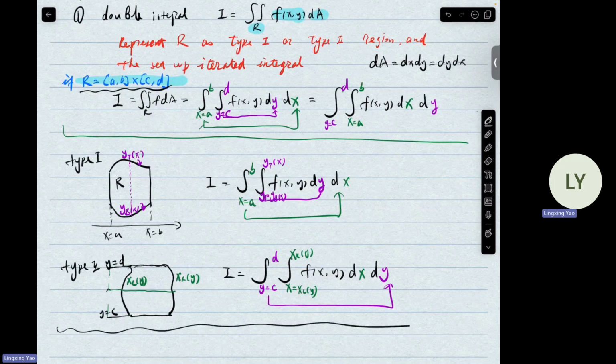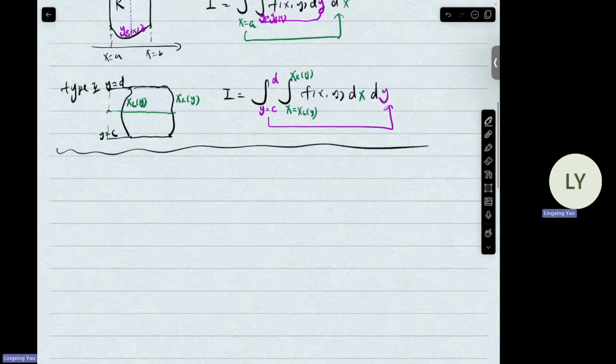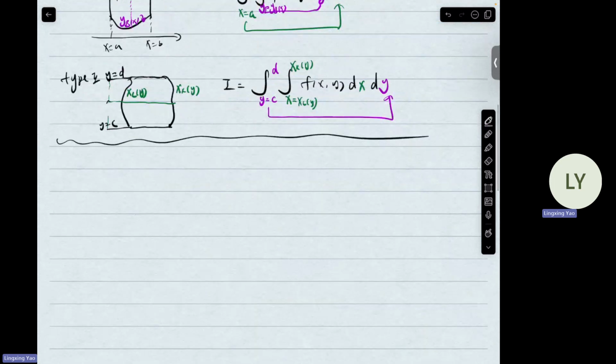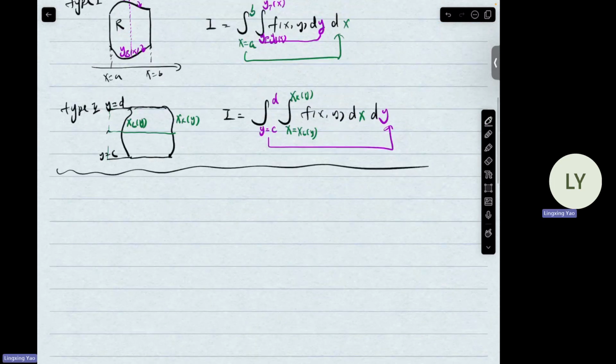Okay, so with those really abstract notations, we deal with the simplest case, which is a rectangle, and the general case, which is treated as either type 1 or type 2. You've got to review the classic examples and try to do those homework problems again, and try to get a sense of them. There is a set of homework you can work on.